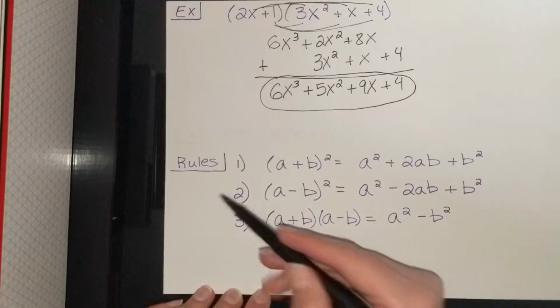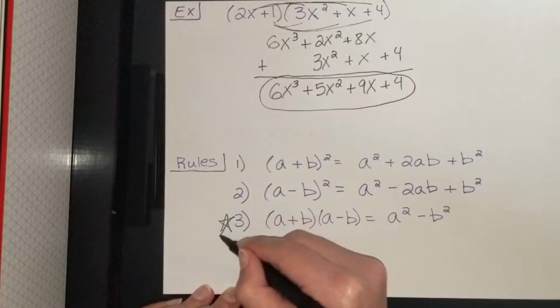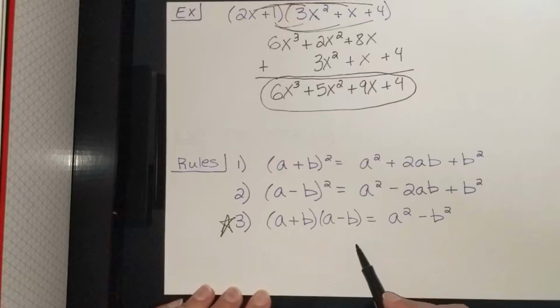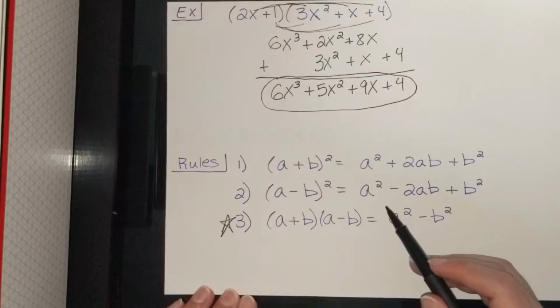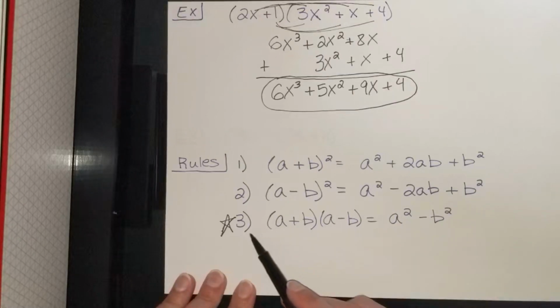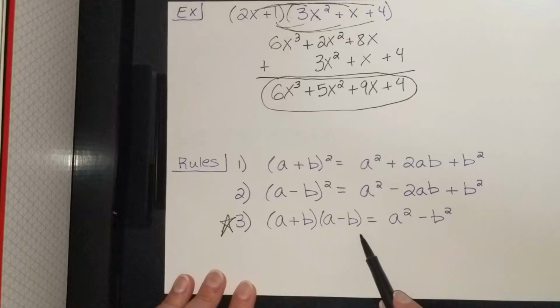And finally, this is the most important of the three that I would highly recommend memorizing, whereas the other two, it's useful to memorize, but not as required. This third term is called the difference of squares.